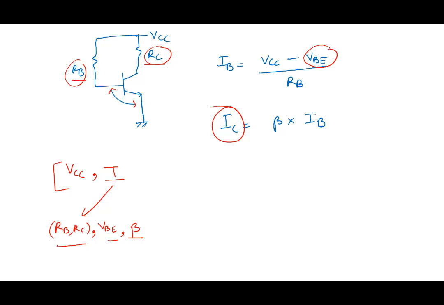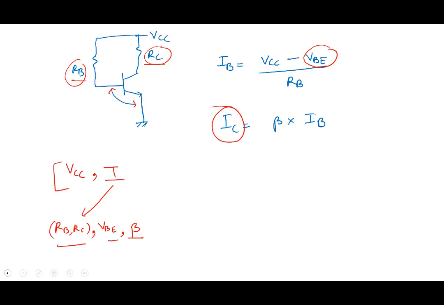And then finally, the resistors, we said temperature affects this, which I'll come to in a minute. The beta is a source of instability. Beta is a source of instability.